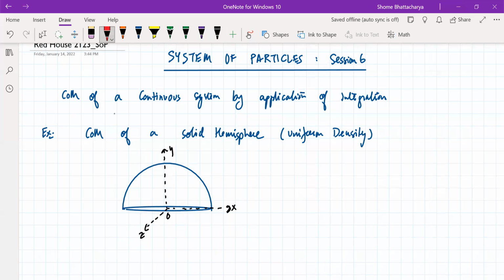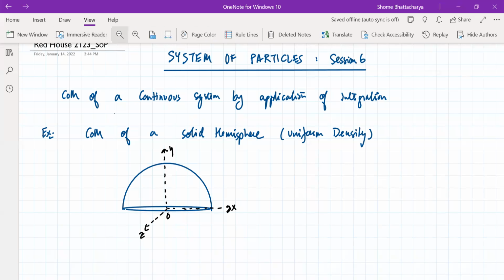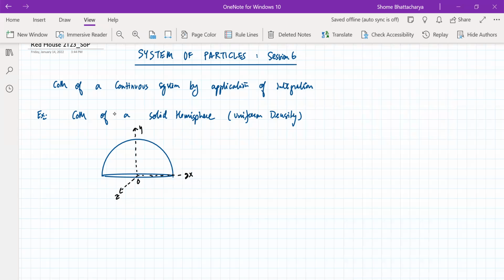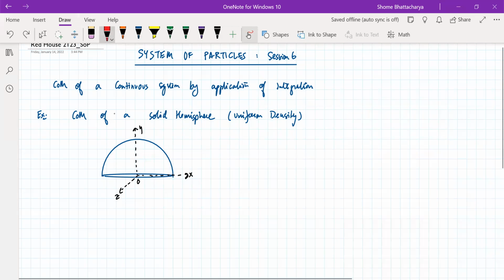Now what we will do is slice this into discs like this, as if we have cut it using a plane which is parallel to the xz plane, the base.